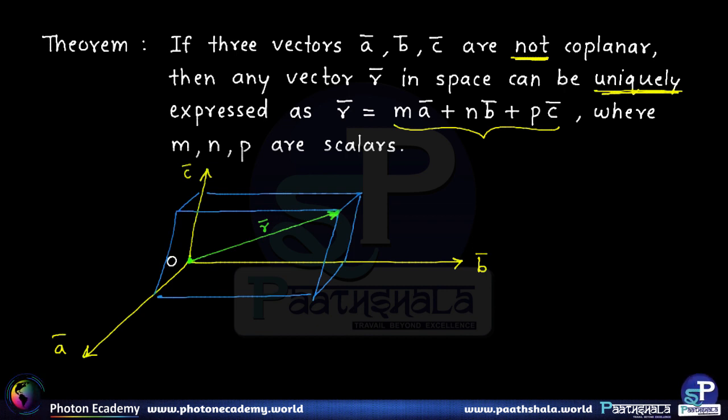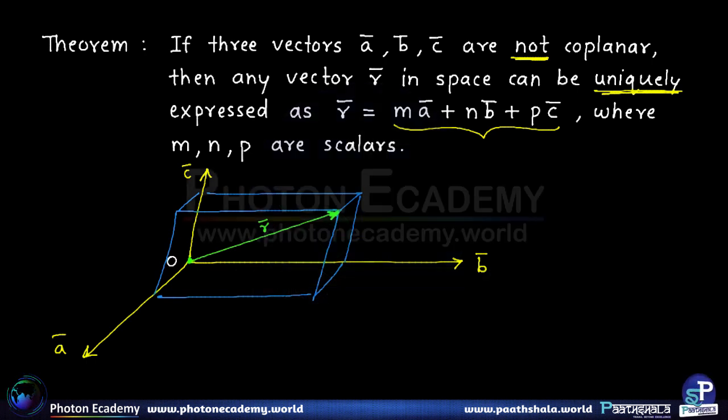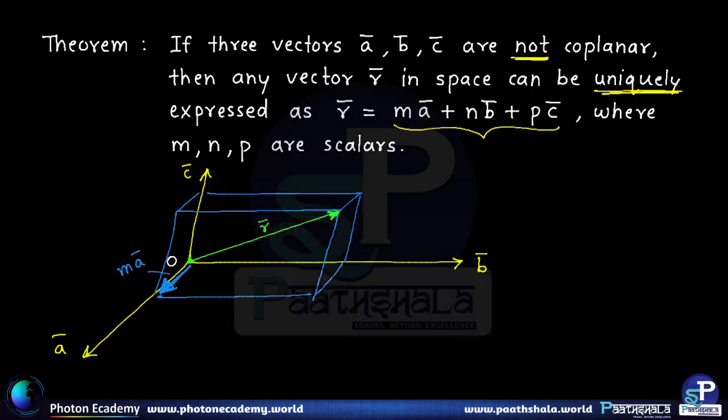Now what happens is I have shown a bar, b bar and c bar as yellow colored arrows or the vectors, out of which if you consider this particular side of the tilted figure, that can be definitely written as some scalar multiple of a bar, because it is lying in the same direction of a bar.